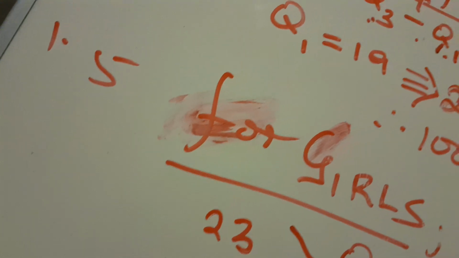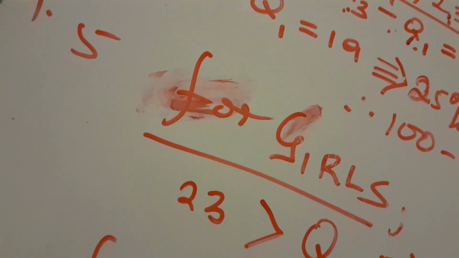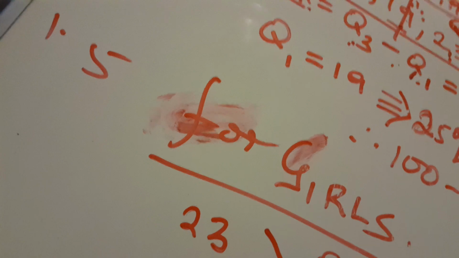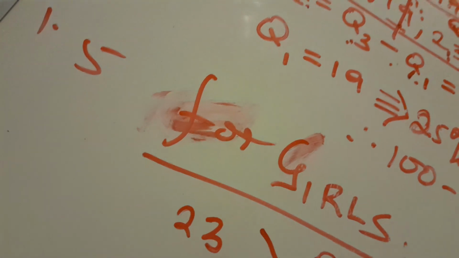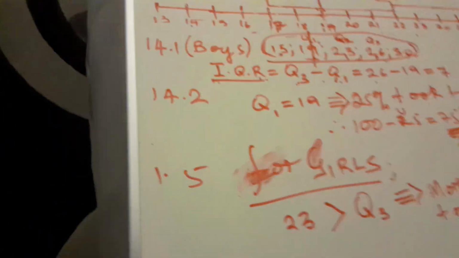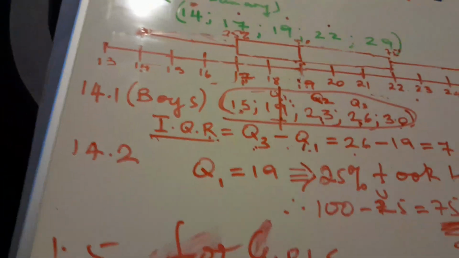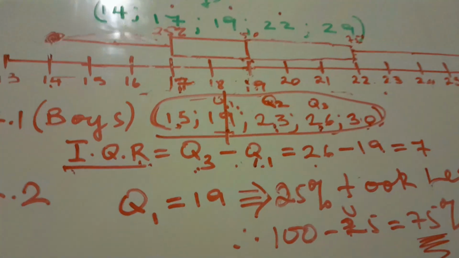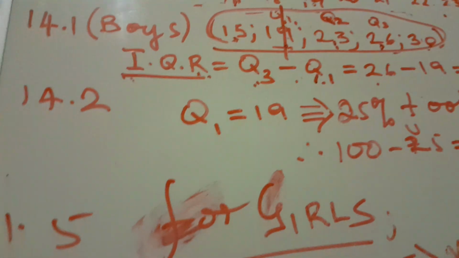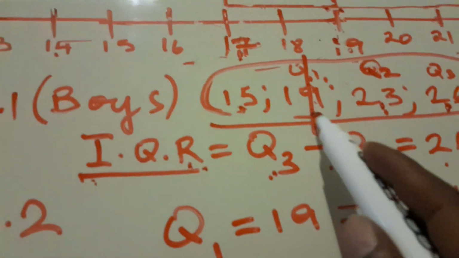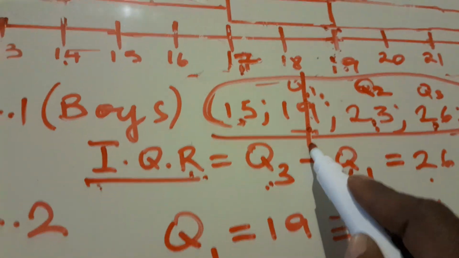Then 1.4.2, if only one boy took 19 seconds to complete the puzzle, what percentage of the boys took at least 19 seconds? In other words, how many took more than 19 seconds? Now, if you go to your values there, 19 is the lower quartile.